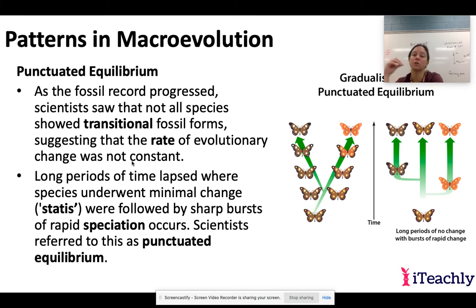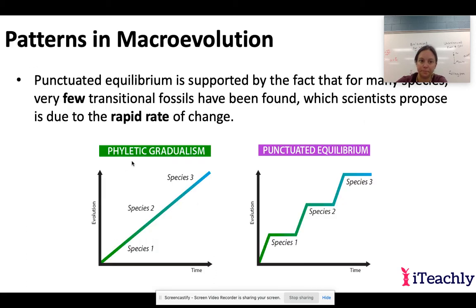And so over these long periods of time, we won't see any changes. We get into this stasis, this unchanging period, and then all of a sudden there's this burst of rapid change, and there's this burst of speciations. And so that would be punctuated equilibrium.